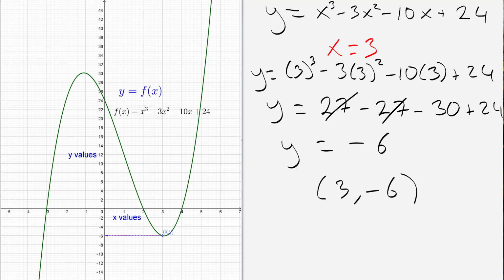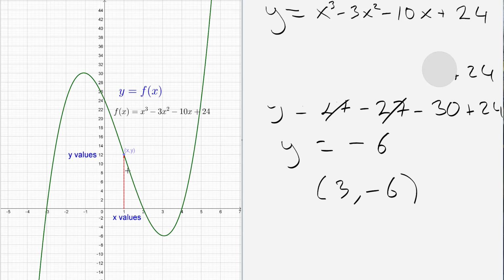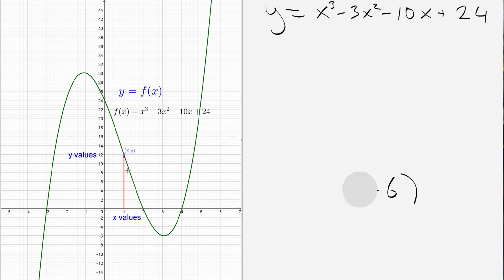Let's just do one more quick example for you here. Let's move this point along and let's leave it settled where the x value is 1. So when the x value is 1, what is the corresponding y value? Same again, what we're going to do is just fill 1 in for x.